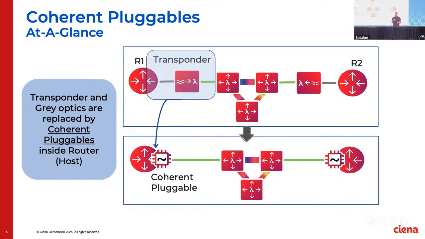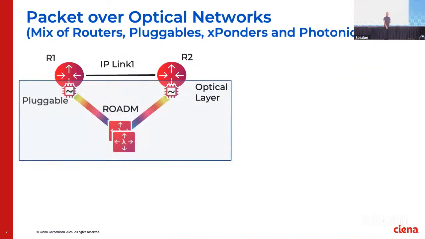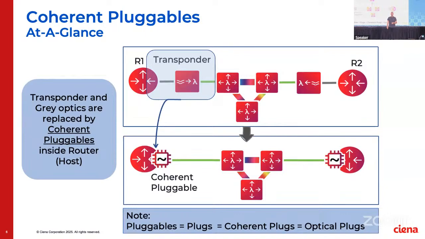This is the context that we have to consider. One is that any IP link has an associated physical or photonic line service, and the concept of the transponder is pushed inside the router. Another important thing, at the very bottom of this slide: you hear pluggables, coherent pluggable, optical pluggable, all of them are the same.